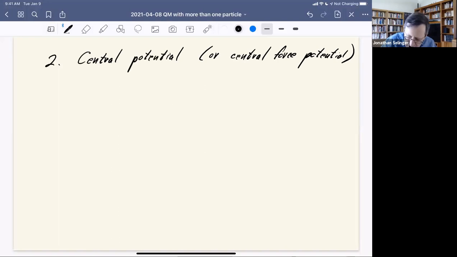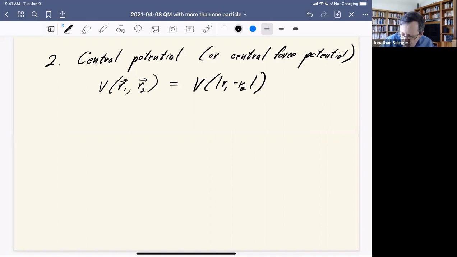And that is a situation where the potential energy as a function of R1 and R2 is equal to a function of the distance apart. So you take the difference of R1 and R2, the difference of those vectors.